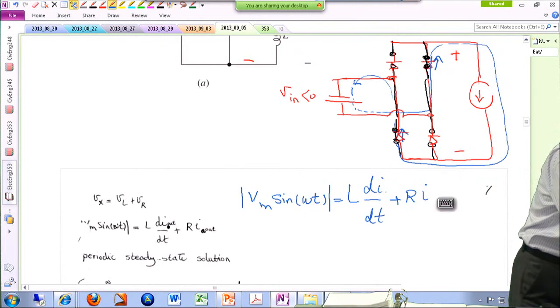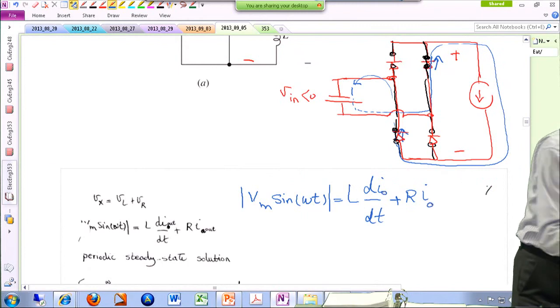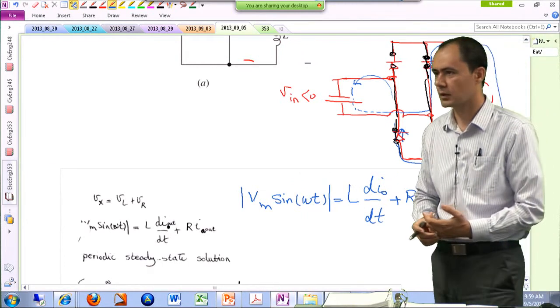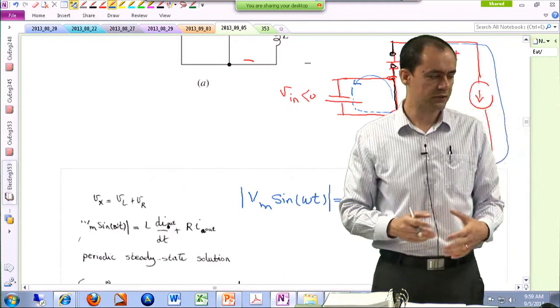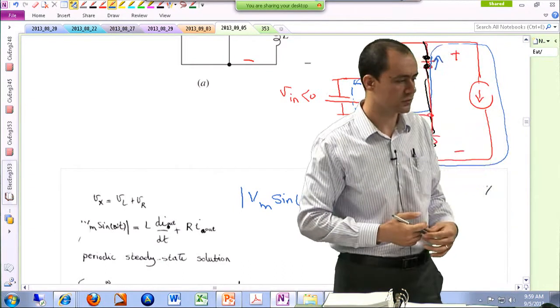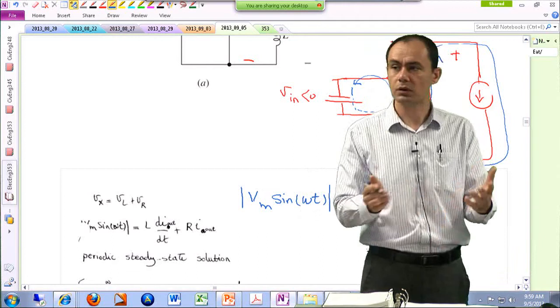So I'm just going to write I_O or I out or something like that. Okay. So you kind of have to solve this differential equation to find the output current.